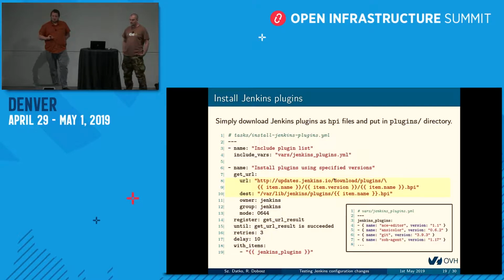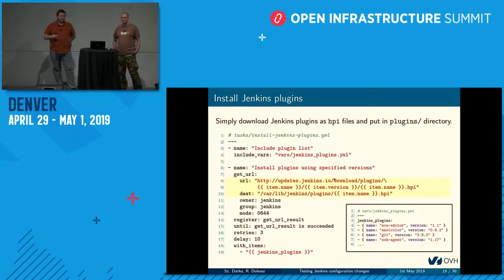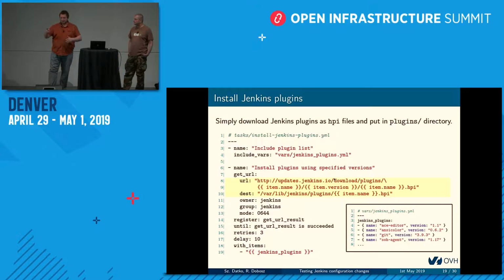Then we want to install plugins. And here we exploit a bit the way Jenkins works. What I mean is, if you simply download a plugin as an HPI file and put it in the plugins subdirectory, during the start, Jenkins will extract it and load it. Okay?